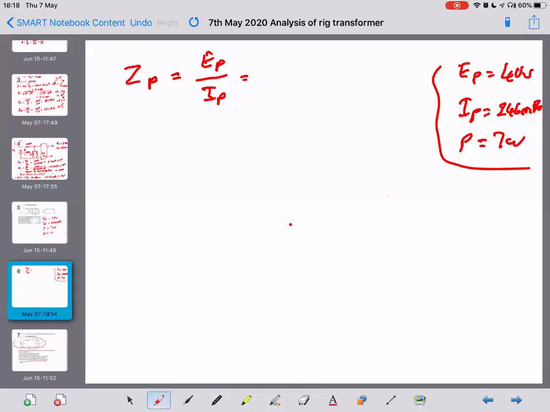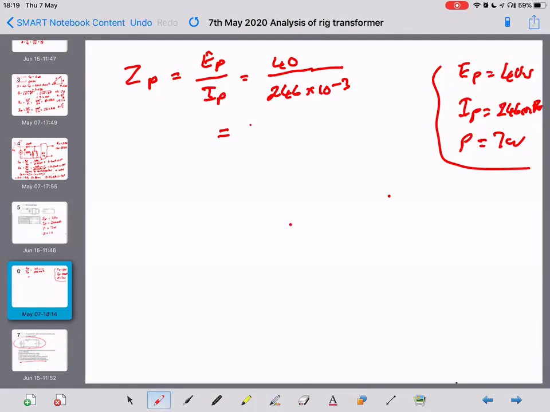That is 40 over 246 times 10 to the minus 3, and that is 162.6 ohms.